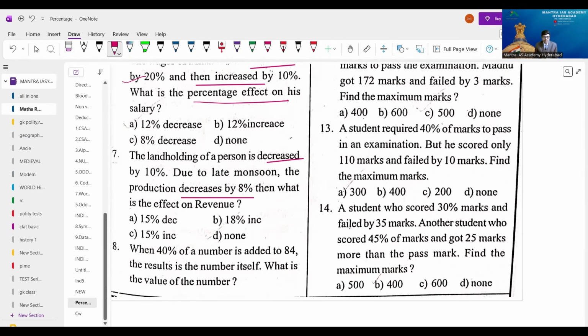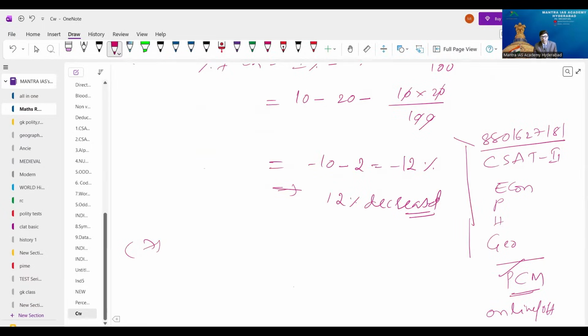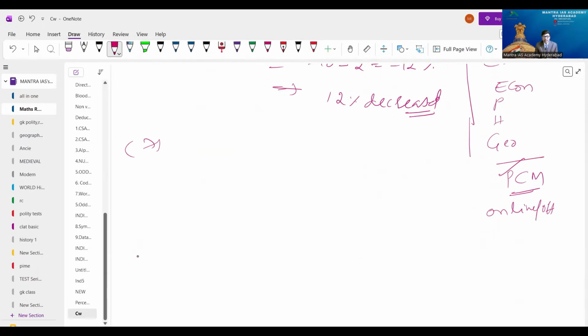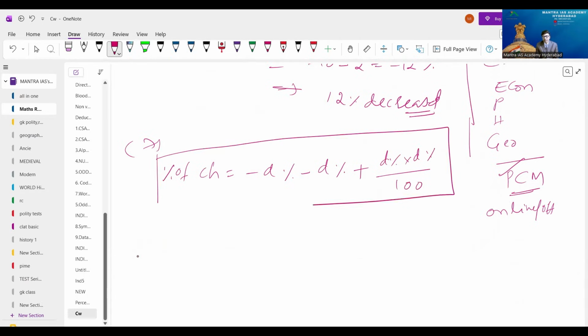It decreased 2 times here. How to do that? I'll tell you. The percentage of change formula changes in this style: percentage of change is equal to minus D percentage minus D, where D stands for decrease and automatically keeps the negative symbol. Minus into minus is plus, so it is D percentage into D percentage by 100. This is one more interesting point here. Please observe that.